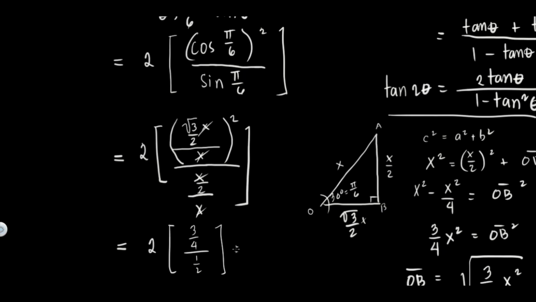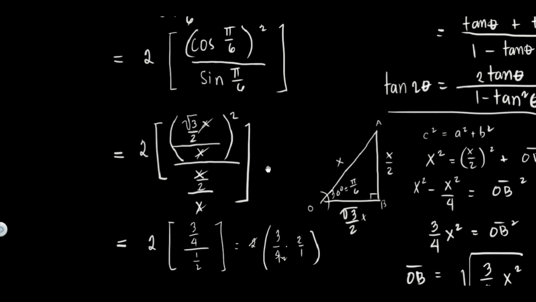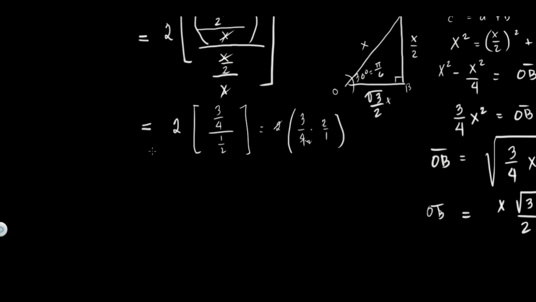So, magka-cancel nga siya, no? So, may natira siyang, say, 2 multiplied by, sige, pakita natin, 3/4 by 2 over 1. Okay? Ito yung na-cancel. So, may natirang 2. So, equal to, since 2 yan, cancel din. Oh, ang natira pala is 3 over 1. Or, the answer is equal to 3. So, this is now your answer.